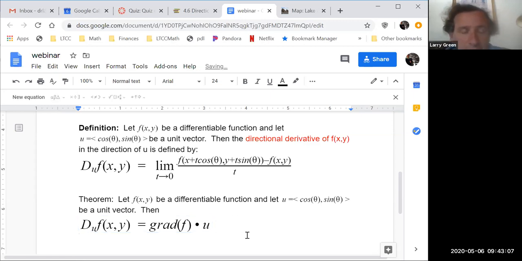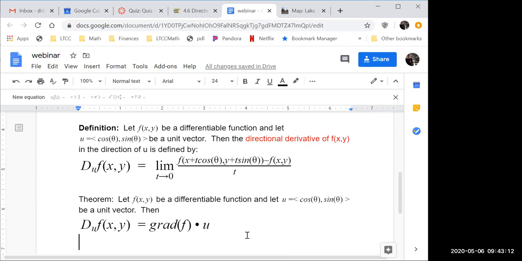Isn't that nice? Yeah, it's dot product instead of cross product.